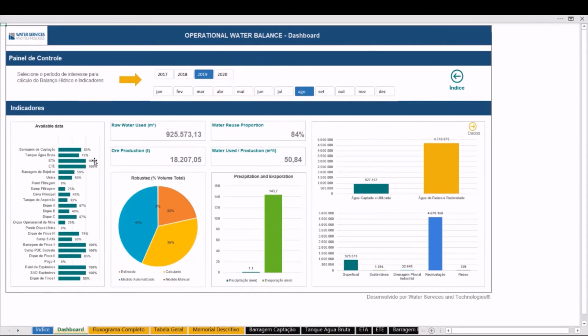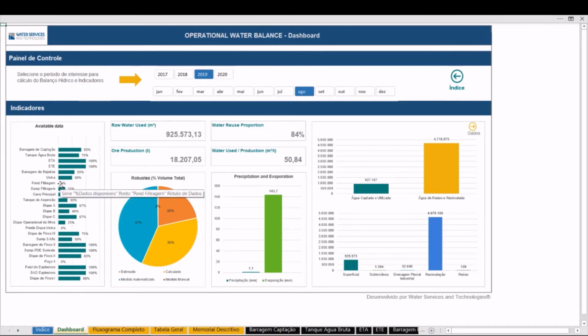That's why it has 100% here. If we had only 8 fluxes with available data, the number would be 80%. So the available data shows only the amount of data that we have from each structure. For example, for this structure here, we have no data available.